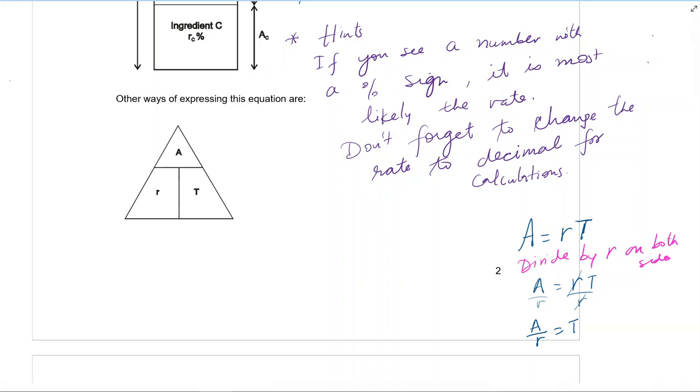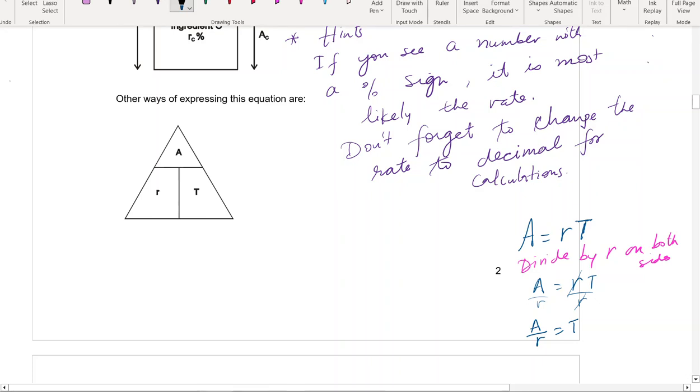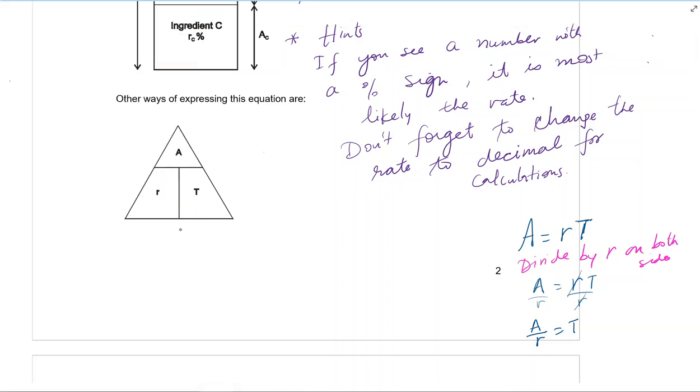So you can do your algebraic manipulation to find different forms of the formula, or you can use this triangle. It's just a way to memorize the formula. So A R T, right? You're going to make this triangle with one portion on the top and two parts on the bottom, and A is always in the numerator, so you can put that on the top, and you can write R T on the bottom.